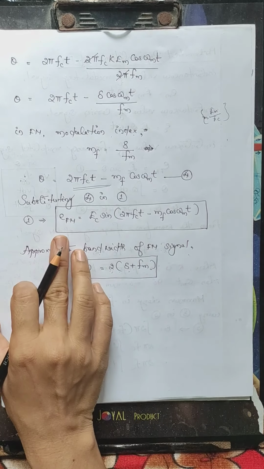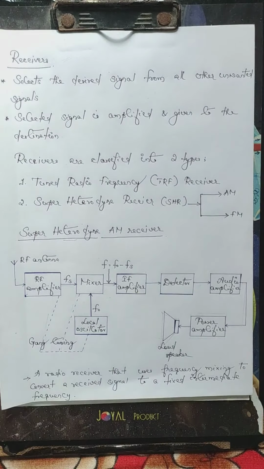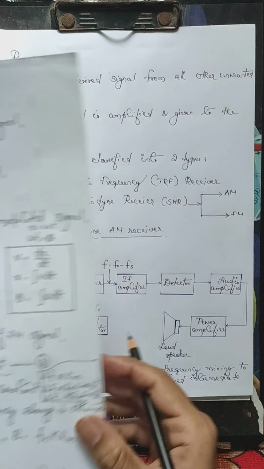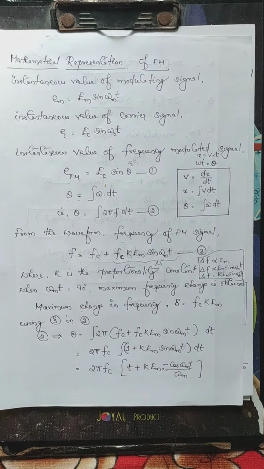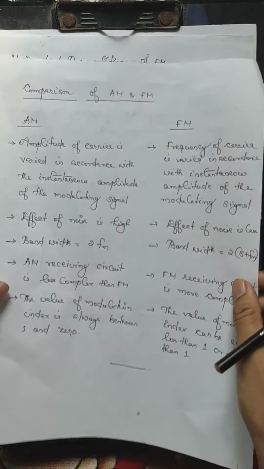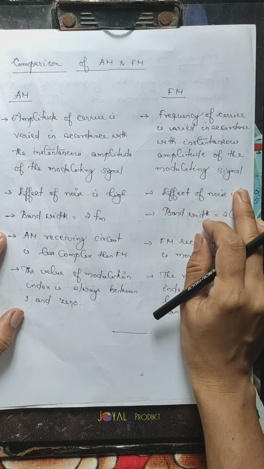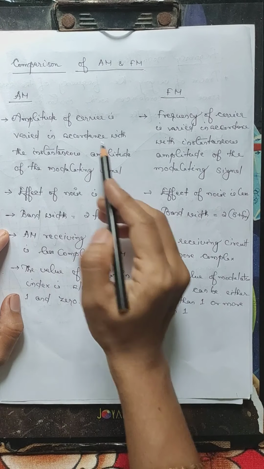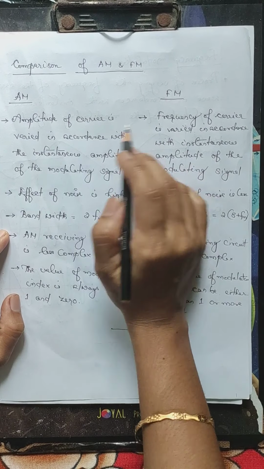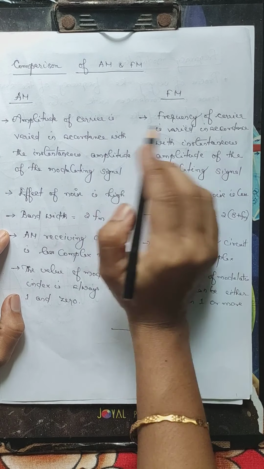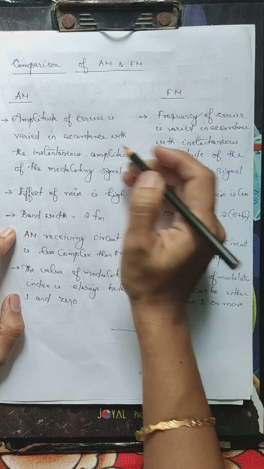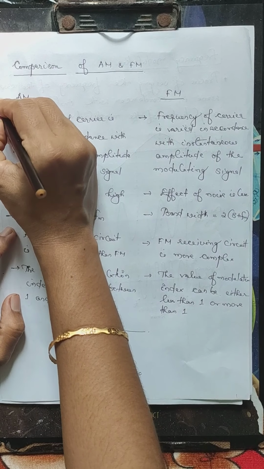So now let us also see the comparison of amplitude modulation and frequency modulation. First of all, let us see the definition of each, amplitude modulation and frequency modulation. So this is very important.